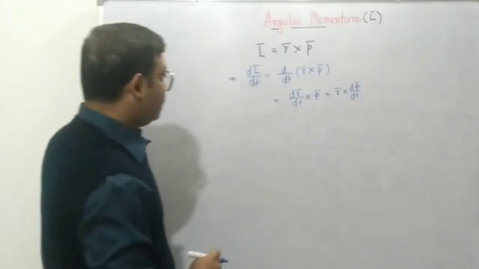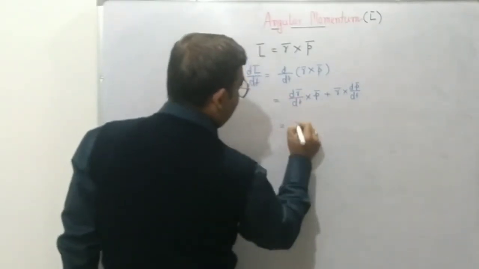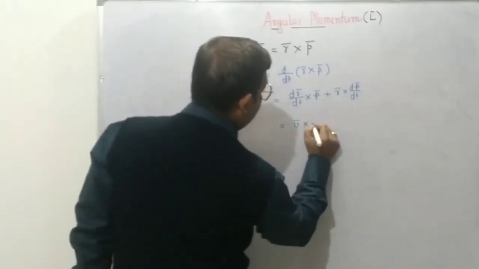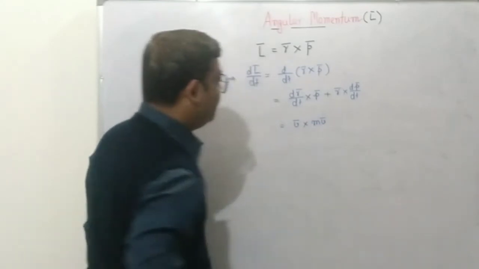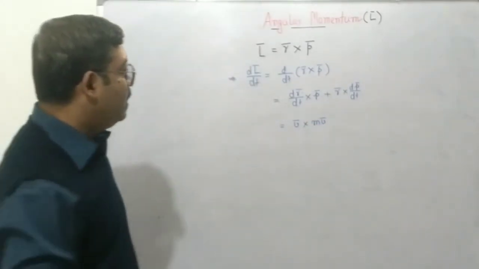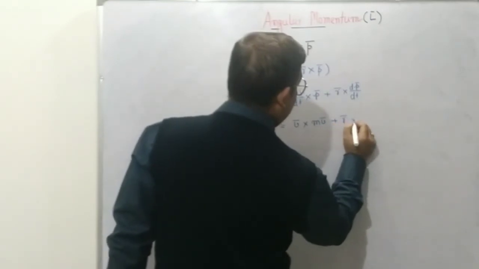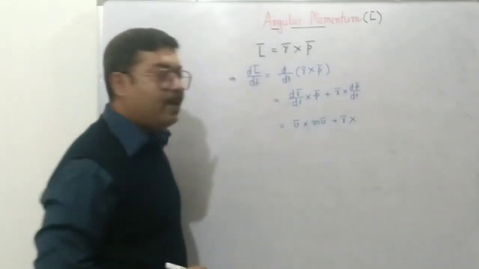This will be equal to dR by dt, which we know is given by the velocity vector, cross P equal to mv, mass into velocity, plus R cross dP by dt.